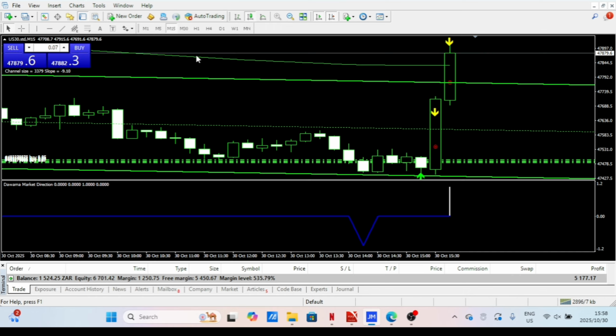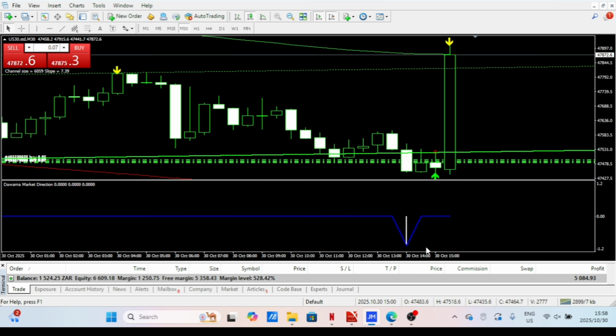As you can see, initially I used the 30 minutes time frame. It was right over this arrow. I got the buy signal, but I did not buy immediately. I waited for the double confirmation for a buy.